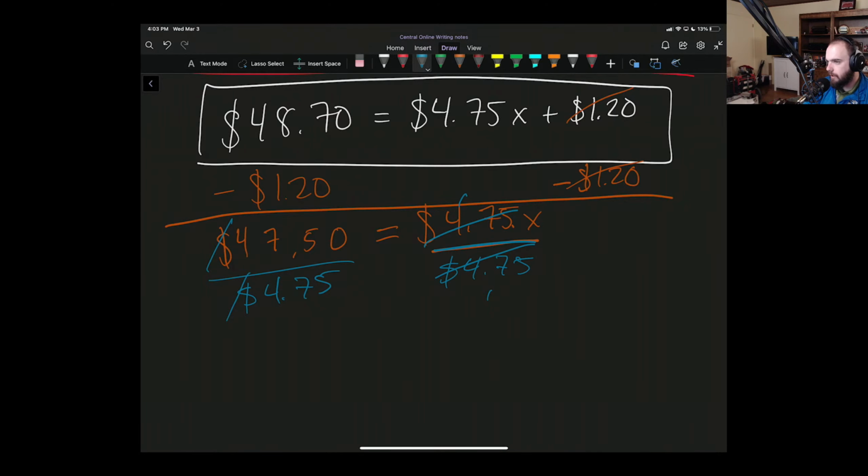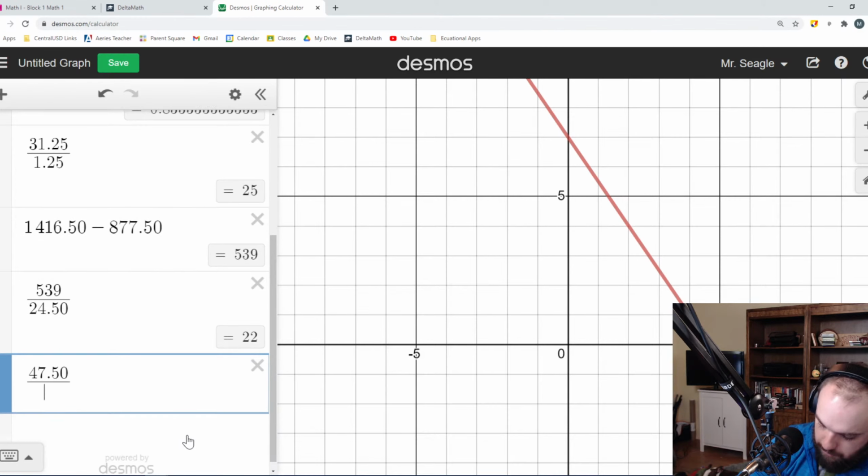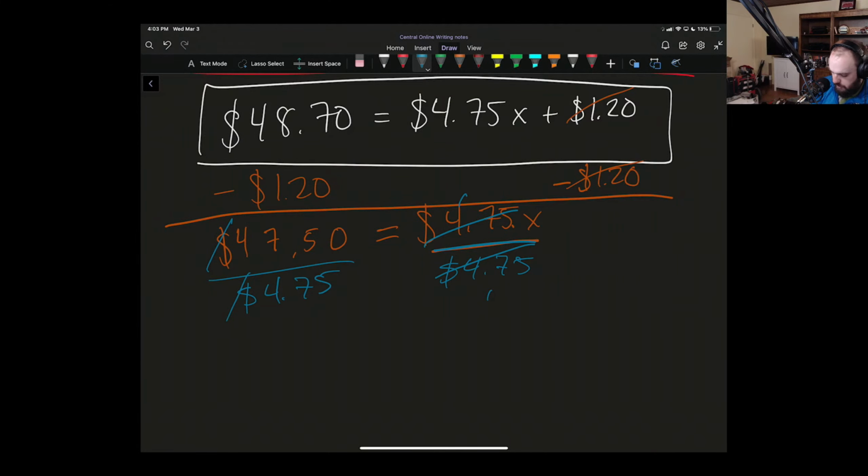And if I use my calculator, I'm pretty sure it's 10, but I just want to double check because my brain has not been working so far during this stream. I just want to double check. 4750 divided by 475. Yeah, it's going to be 10. So this reduces. This is going to be 10 equals x, or x equals 10. So our answer is going to be 10.